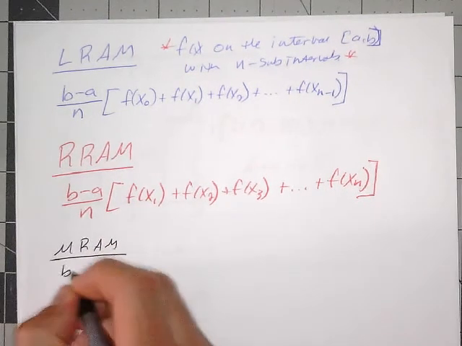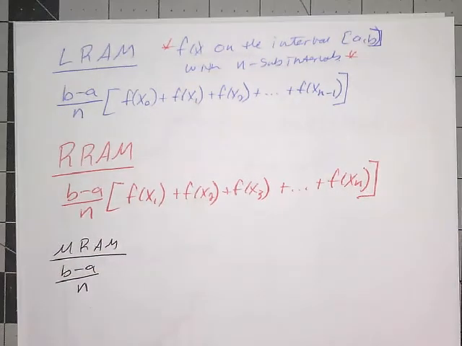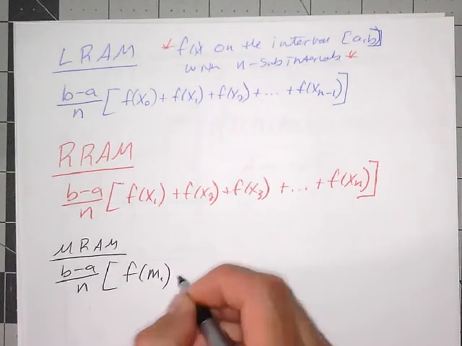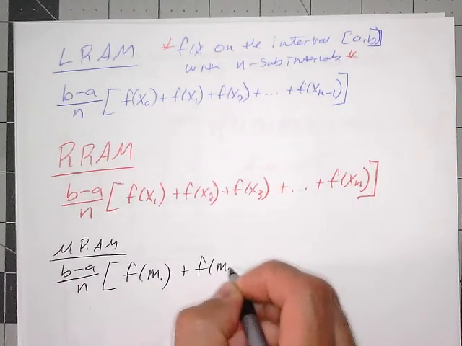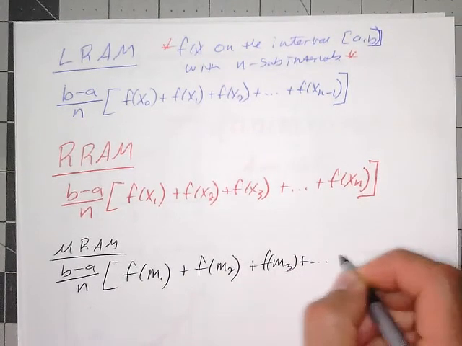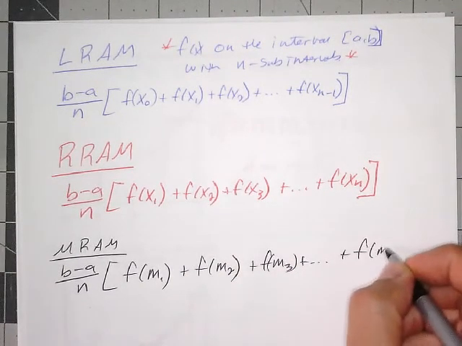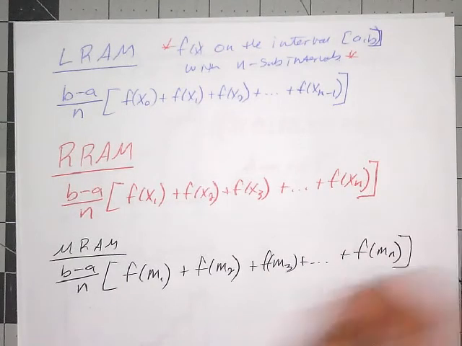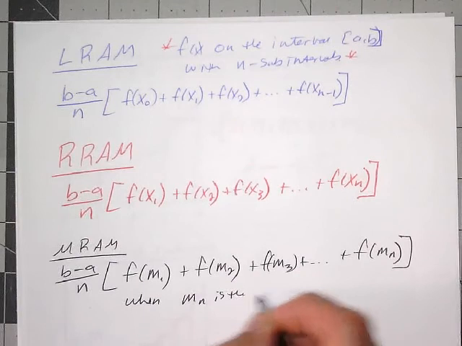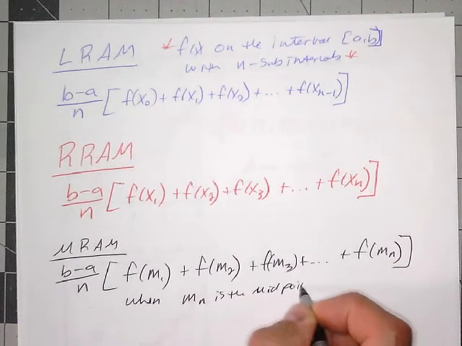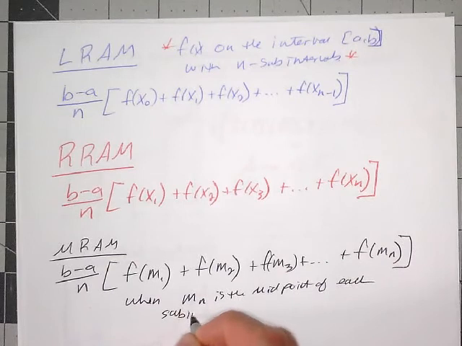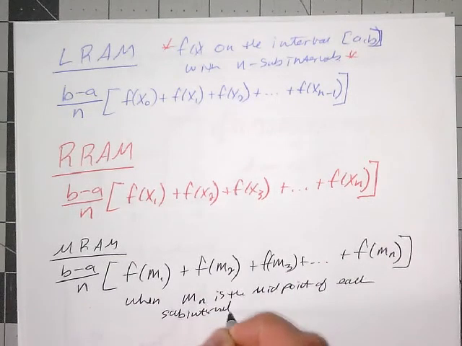The midpoint approximation is still b minus a over n, only now you're going to do f of m sub 1, f of m sub 2, f of m sub 3, going out to f of m sub n, where m sub n is the midpoint of each subinterval.